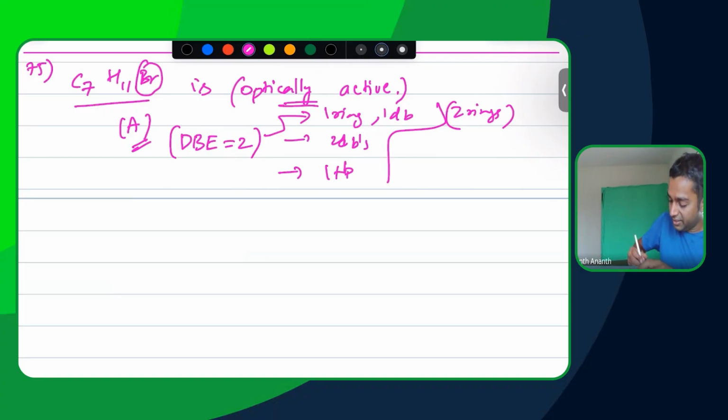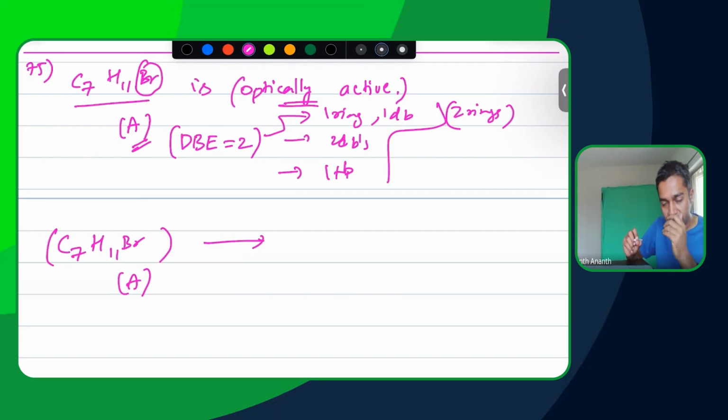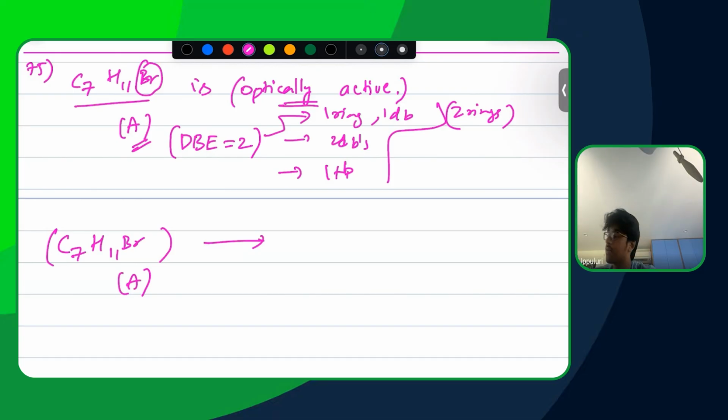So let's now go from A, which is C7H11Br. I'm doing potassium tertiary butoxide. What does potassium tertiary butoxide do? Hoffman elimination.